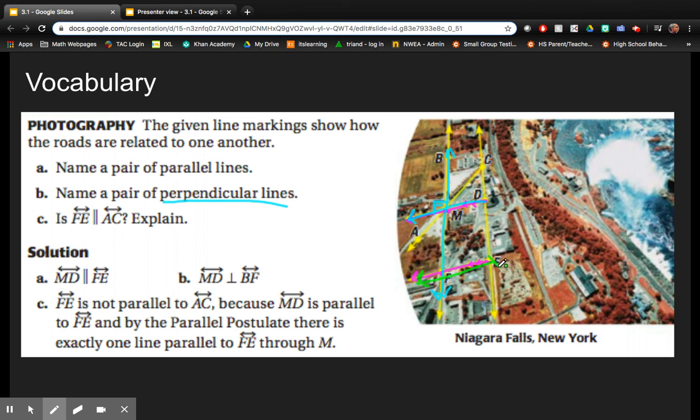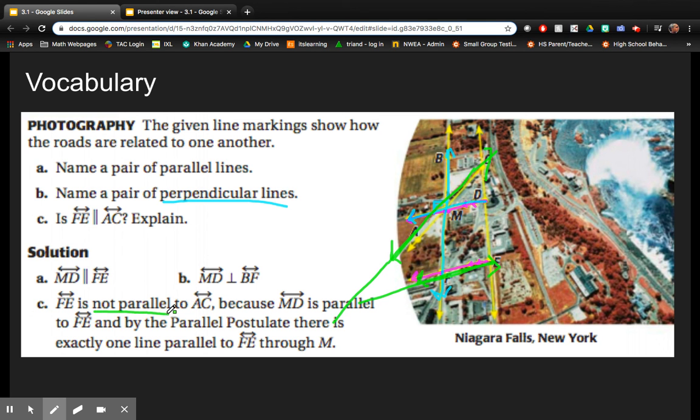Whoa, I missed, but you get the idea. And AC is this line. And the question is are they parallel to each other? Well, I think you can just look at it and see that at some point, these two lines are going to run into each other. So no, they're definitely not parallel.